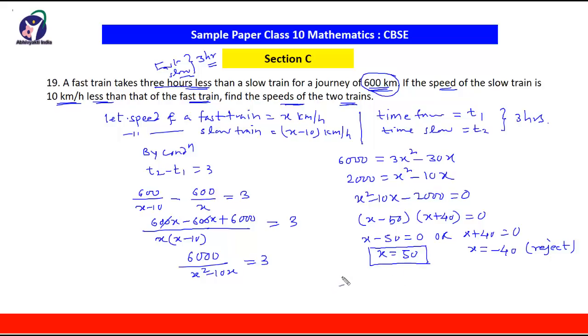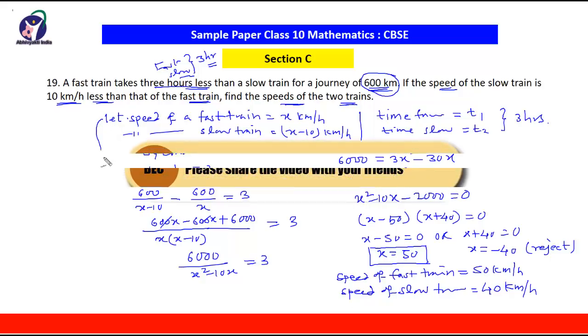Finally, write the answer as: speed of fast train is equal to 50 km per hour, and speed of slow train will be 10 km per hour less, that is 40 km per hour. So here we have got the speeds of both the trains, fast train as well as the slow train.